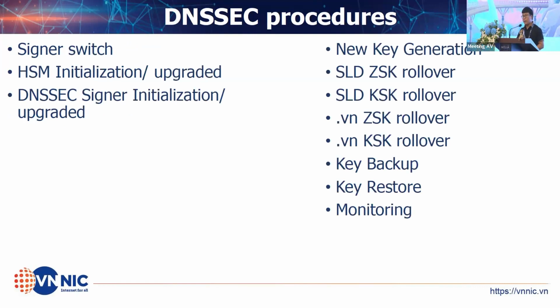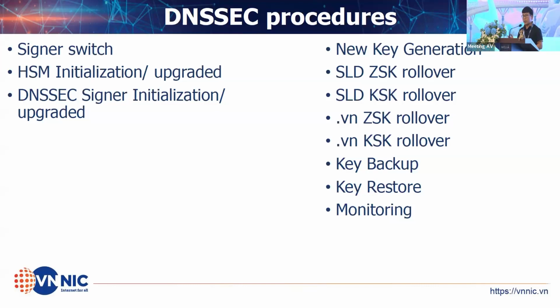Because we have 2 sites for the DNSSEC box, as I told you before, when we sign on this box, we have to switch to the other box so as not to affect the DNS service.